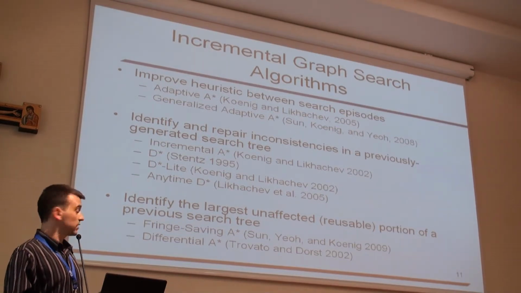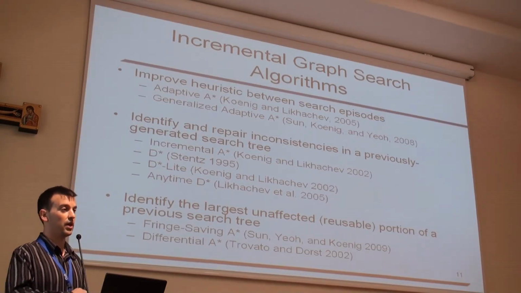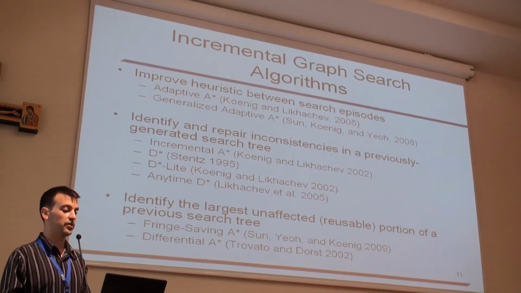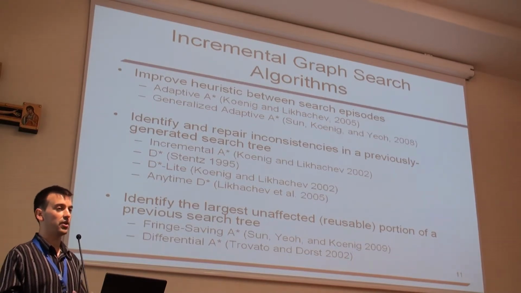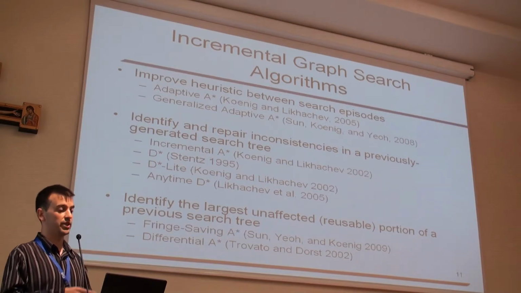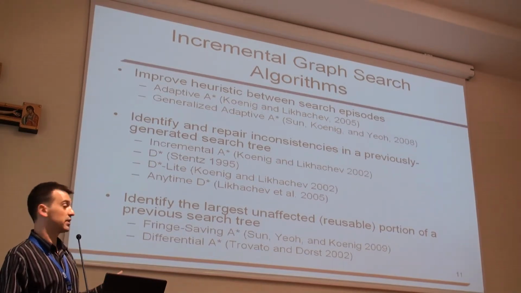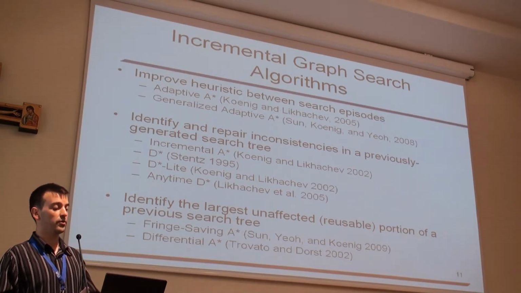And the third class of incremental graph search algorithms, instead of repairing the inconsistencies in the search tree, just aim to identify the largest unaffected portion of the search tree and resume searching from there. These are Differential A-star and Differentiating A-star. And our algorithm falls into this category.